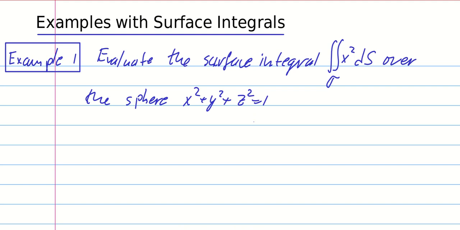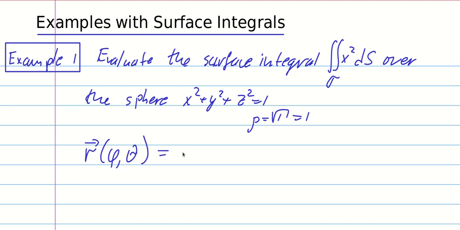So that means that rho, which is the radius of the sphere, is square root of 1, which is 1. And as we noticed before, for the sphere, it's much better to use the spherical coordinate system. Since rho is 1, it's fixed, so it doesn't really change. Therefore, our vector function r can be written in terms of phi and theta.